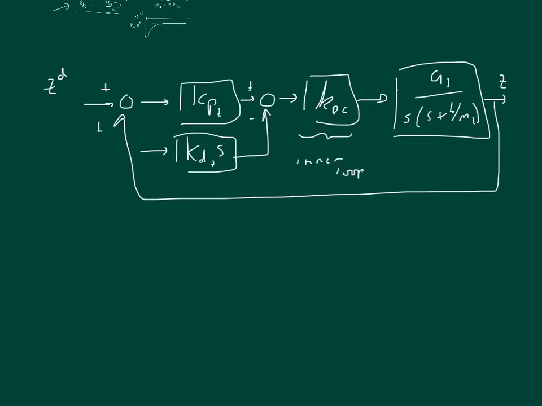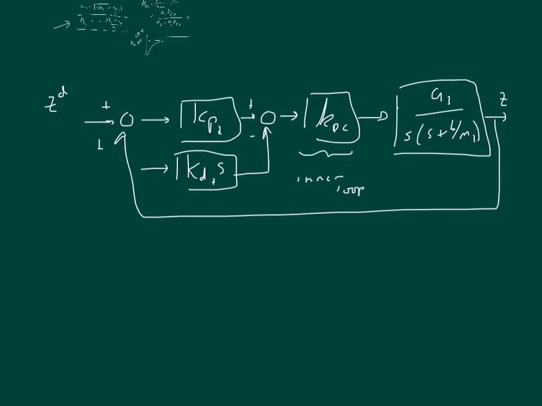Okay, so again, we're going to go through the same analysis. We assume that we're going to place a step on the system of az, and we assume that the system is initially at rest. So if the system's at rest, z is 0 and its derivative is 0 before the step.